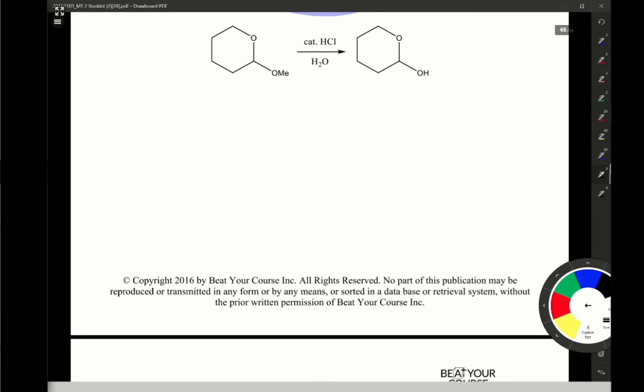Ooh, we've got a ring, and we've got HCl, and we've got water, catalytic HCl, I should say. So just enough catalytic HCl to turn that H2O into H3O plus, right?